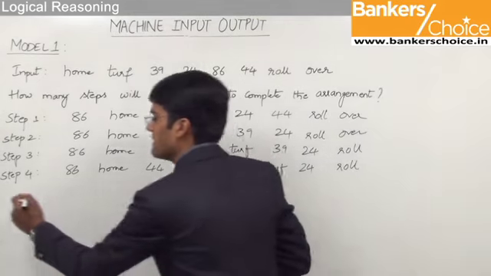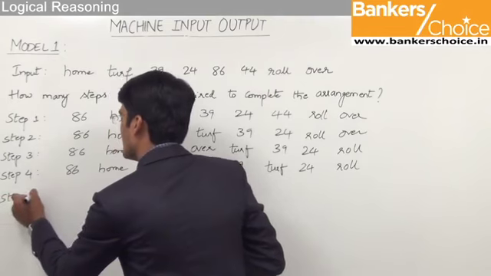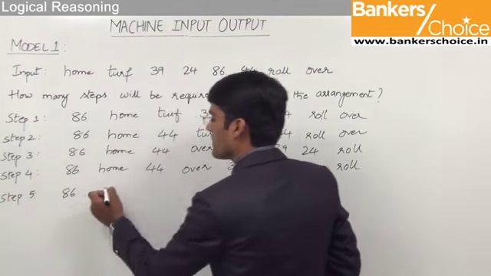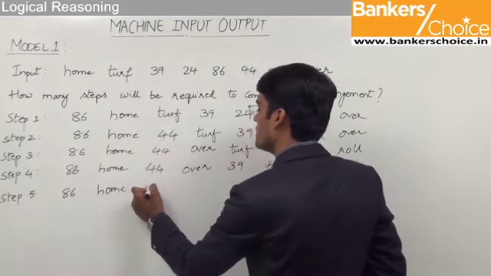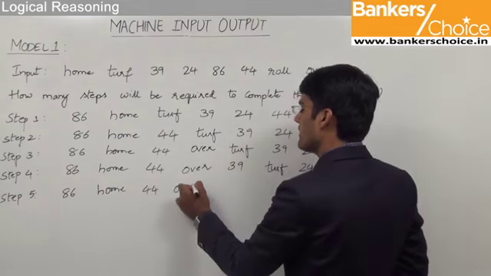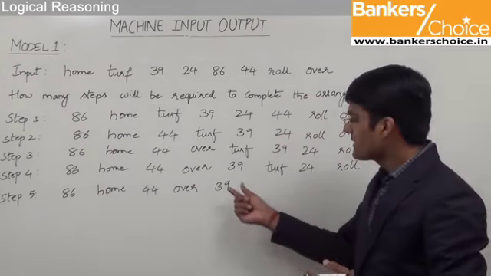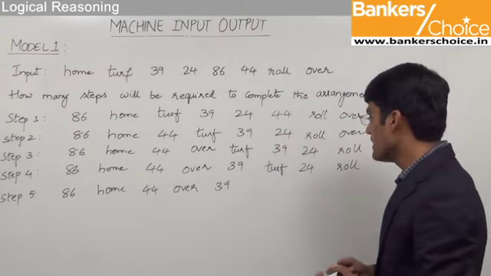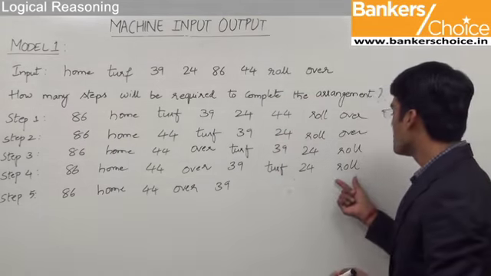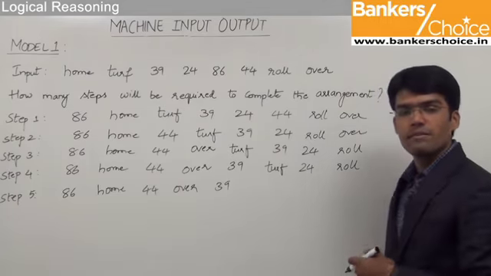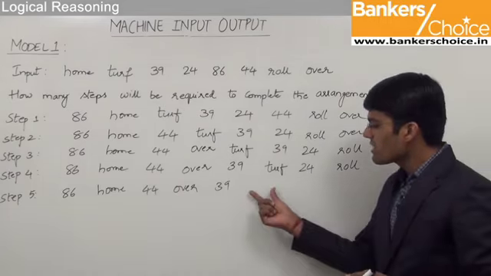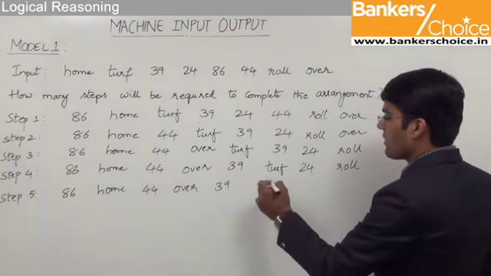Moving on to step 5, we know that 86, home, 44, over and 39 are already in the correct positions. After 39 we need to have a word that should be one among turf and roll. As we are going by the alphabetical order, the word which comes after 39 should be roll.